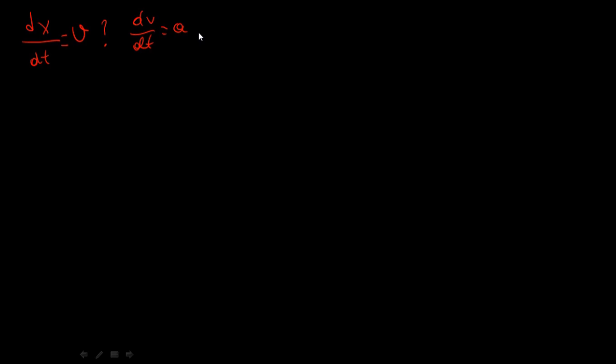Then we multiply both sides of this equation by dt to get rid of the differential equation. Now we integrate both sides in the interval 0 to t and v0 to v of t, respectively.